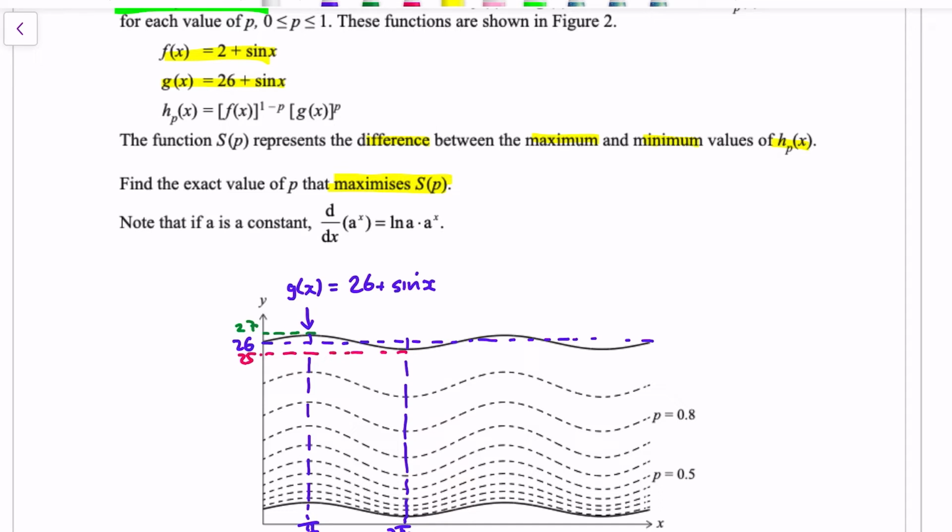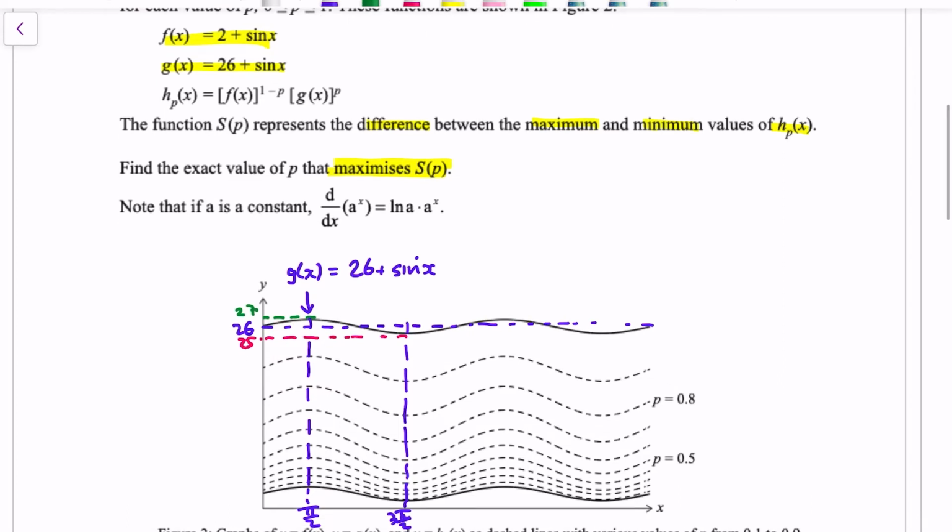So looking at the other function just before we get that, f of x is down the bottom one. That's f of x. Okay, so that has a minimum value of 1, and it has a maximum value of 3, because it's bouncing in and around 2. 2 plus 1 or 2 minus 1 is the min and max.